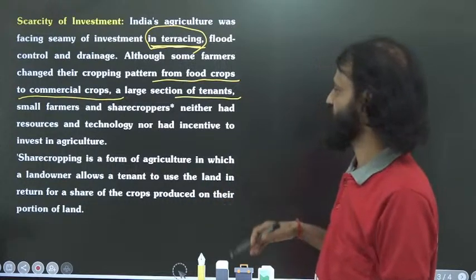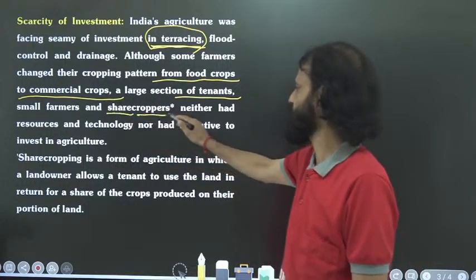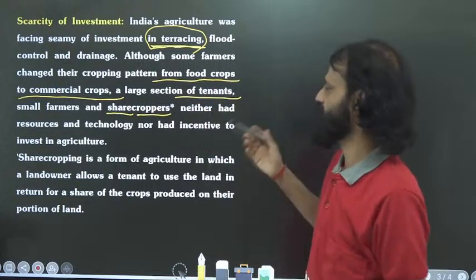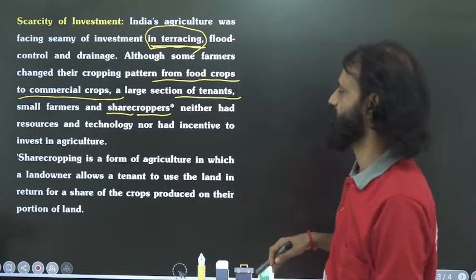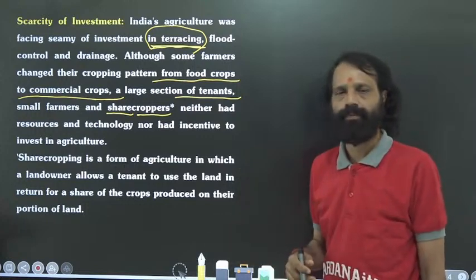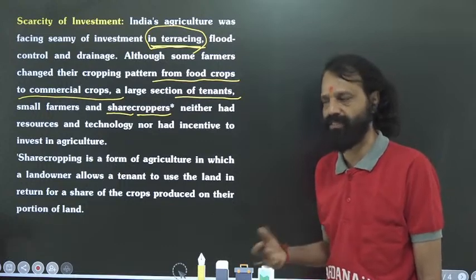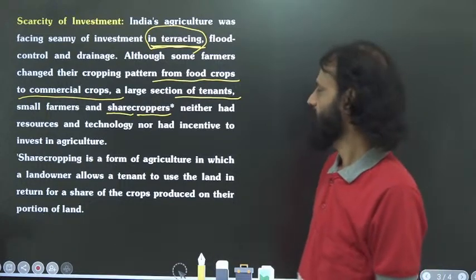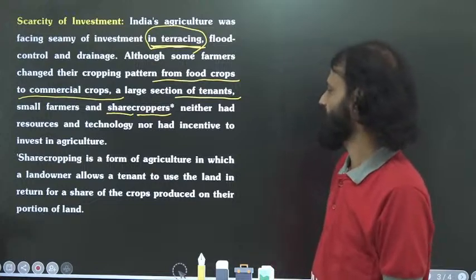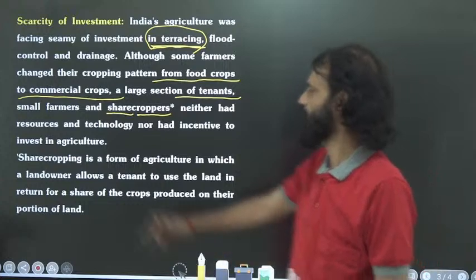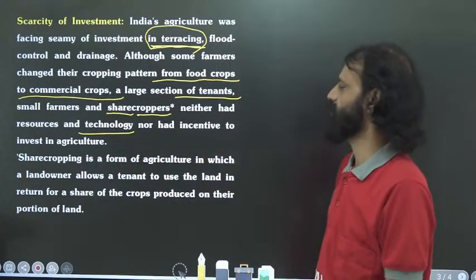That is what sharecroppers do, they need to share the crops. So they neither had resources and technology nor any incentive to invest in agriculture. The point is that many farmers and cultivators were very poor people. They had not enough money and no technology too. That is the main point you need to understand.